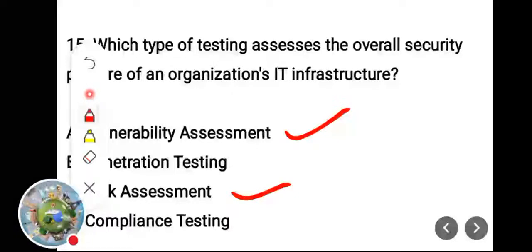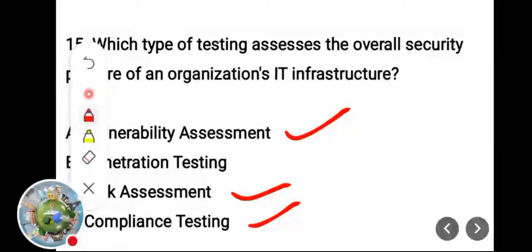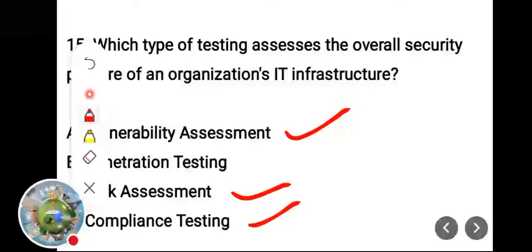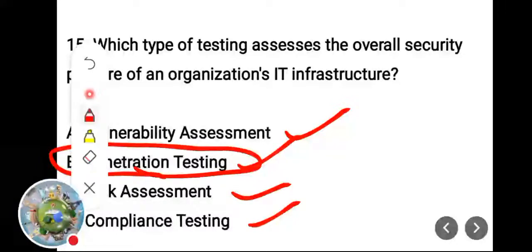Compliance testing means that after resolving all the issues, we can identify whether these security measures match the organization's objectives. Penetration testing assesses the overall security posture by actively exploiting vulnerabilities. So the answer will be B, penetration testing.